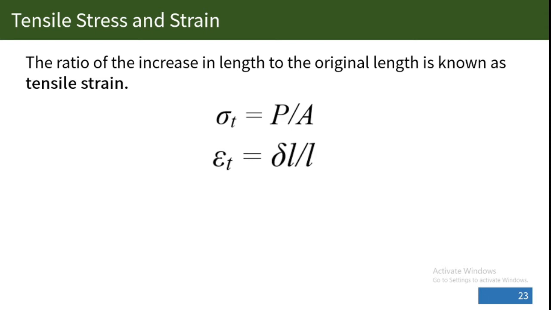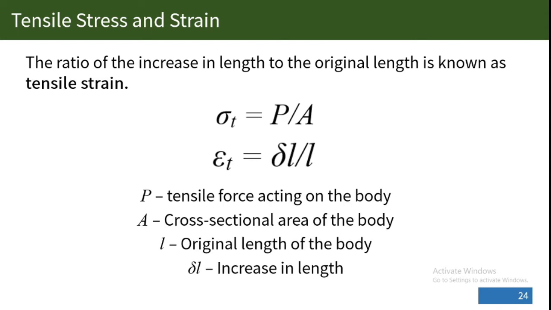Mathematically, the tensile stress, denoted by sigma sub t, is equal to the force over area, so force over cross-sectional area. And the tensile strain, epsilon sub t, is equal to the deformation over the original length.